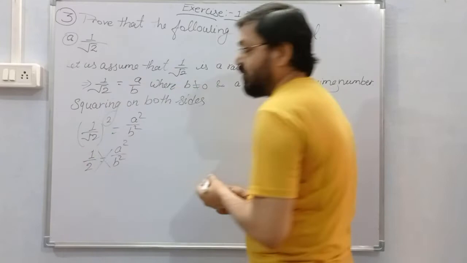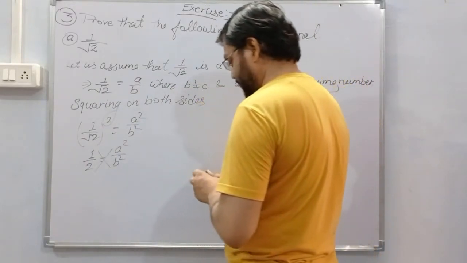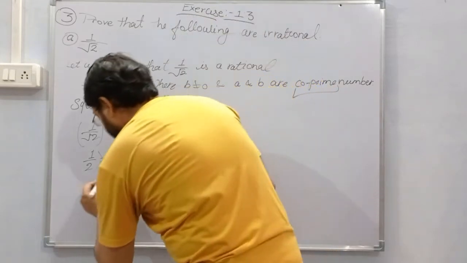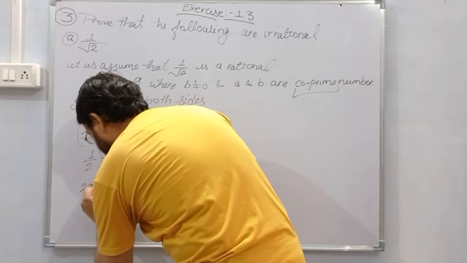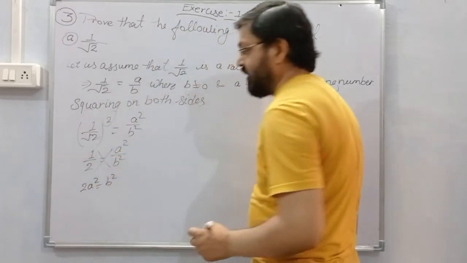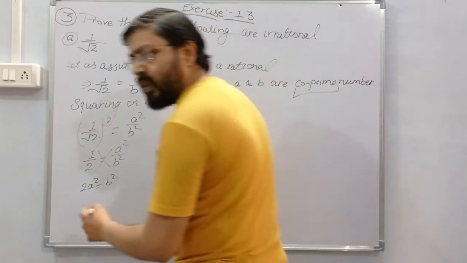Then you do cross multiplication. 2a square is equal to b square. Means b square is a multiple of 2, means 2 can divide b square.